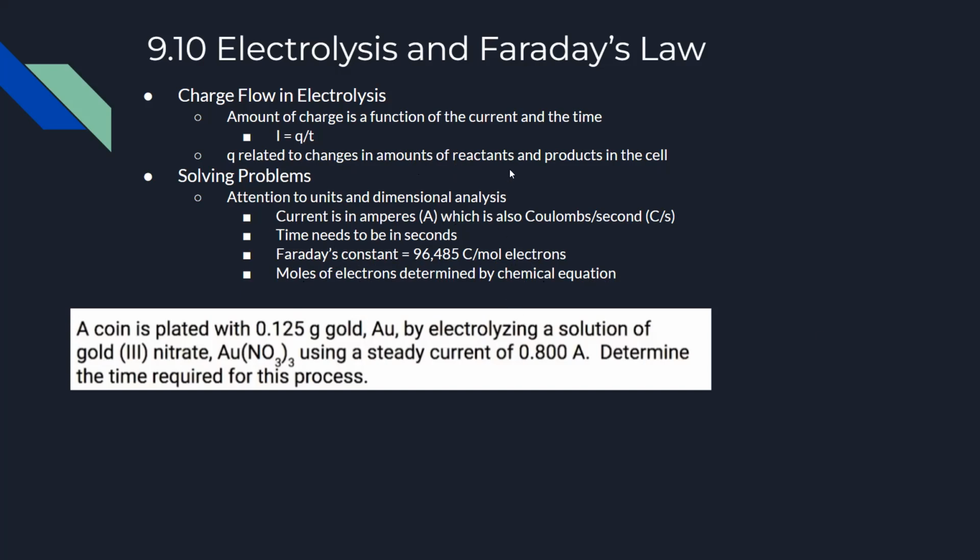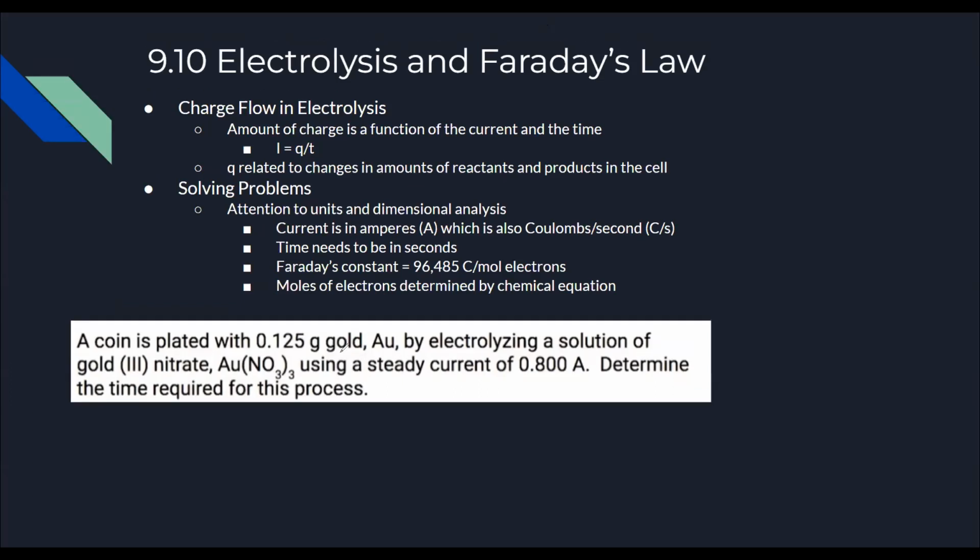So let's try this over here. What you have is 0.125 grams of gold. The equation for this is Au3+ plus 3 electrons will make Au, or gold.